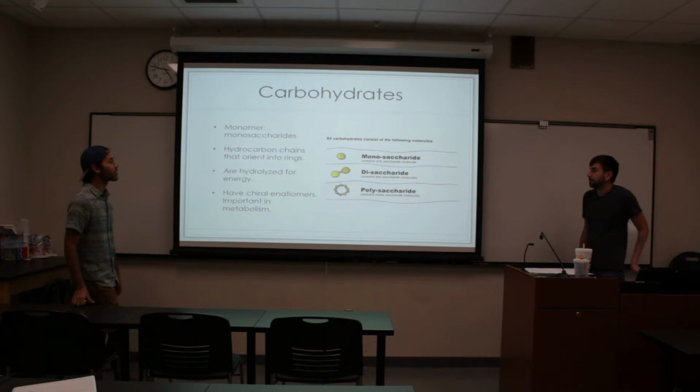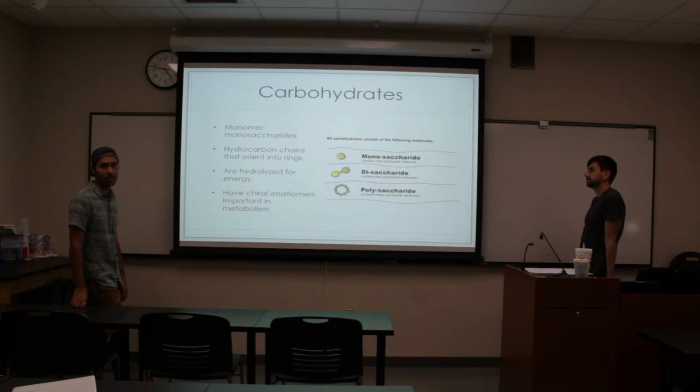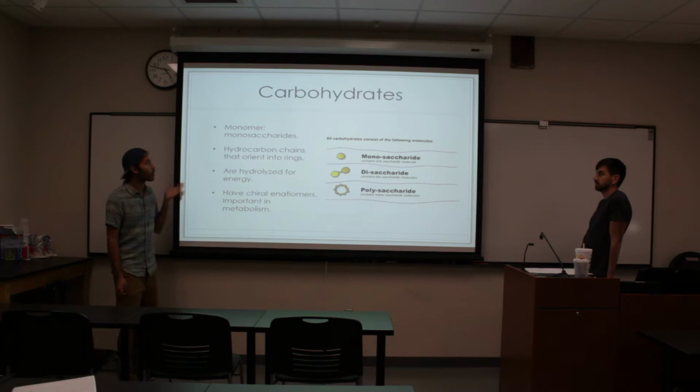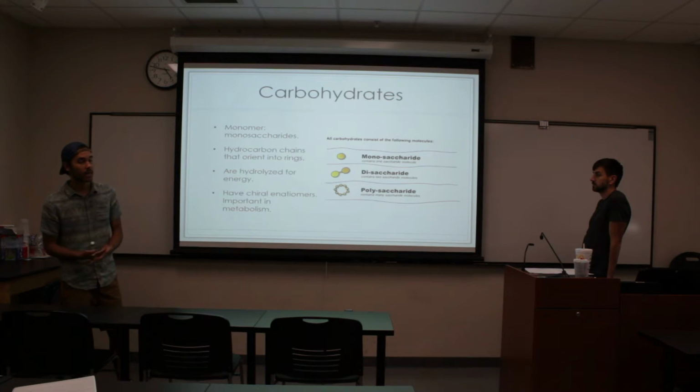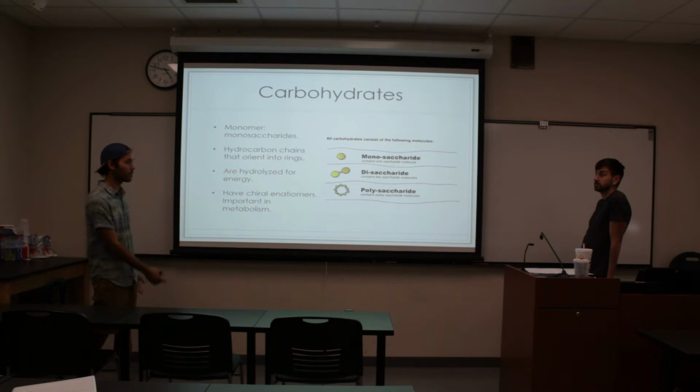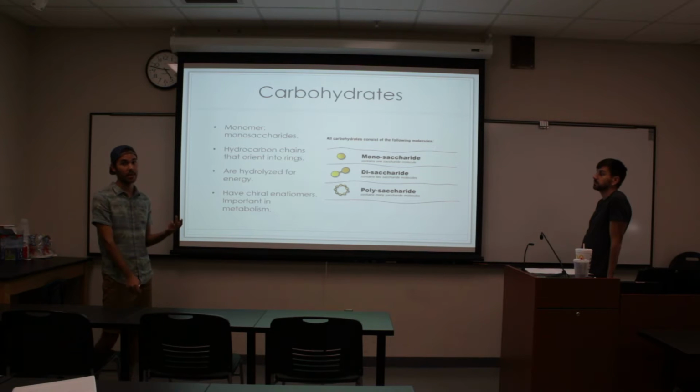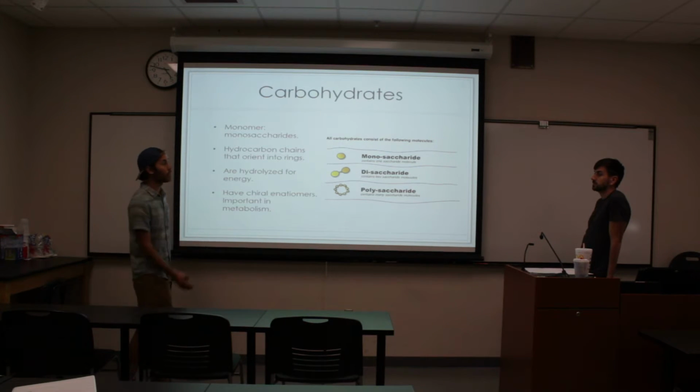All right, carbohydrates. This one is really important, at least in biochemistry, this one and proteins. Their monomeric form is monosaccharides. Everyone's pretty familiar with that; we all know they're called saccharides. There are 3 different variations: the monosaccharide, the disaccharide, which is just 2, and the polysaccharide, which will contain many of them.